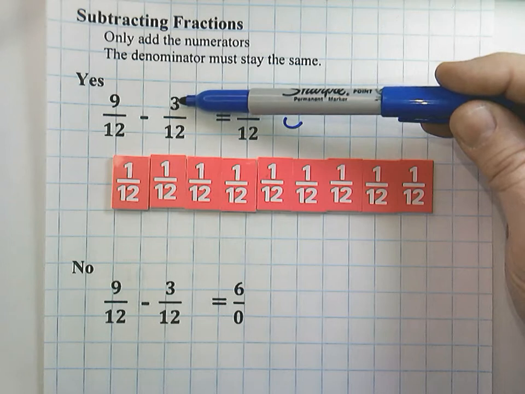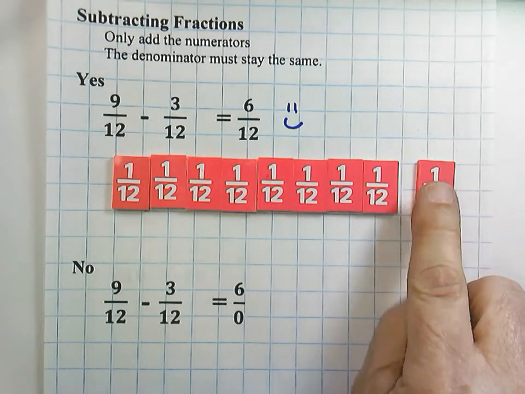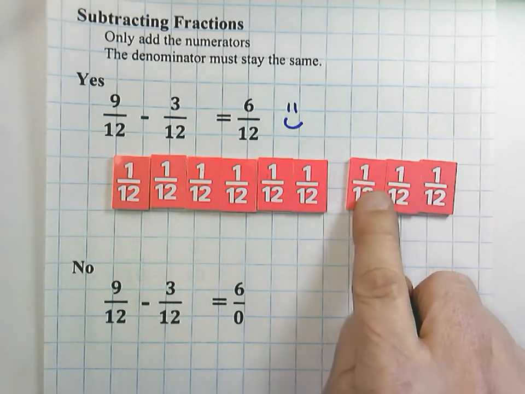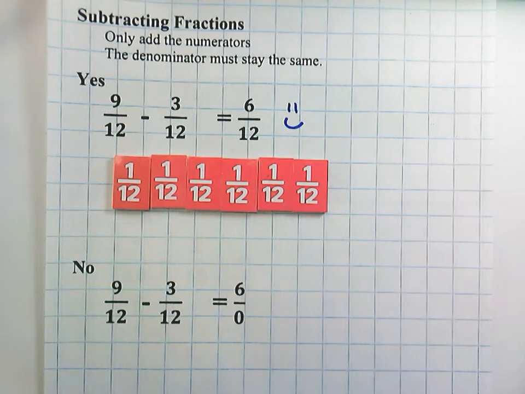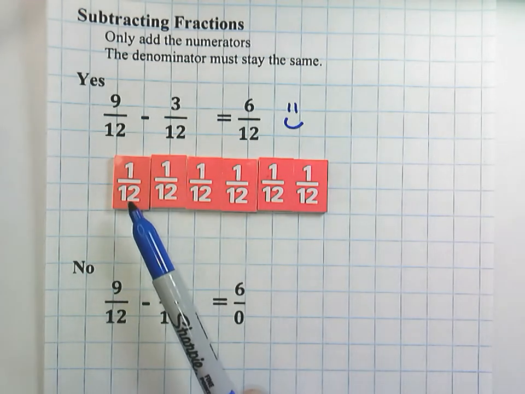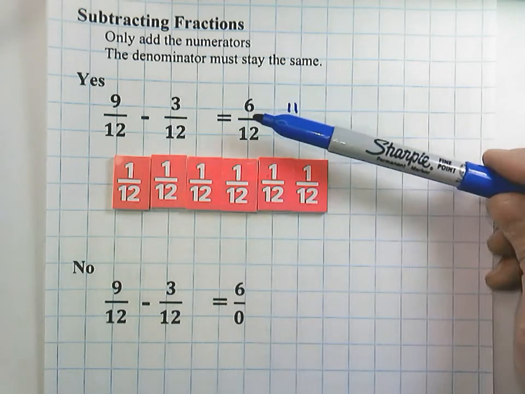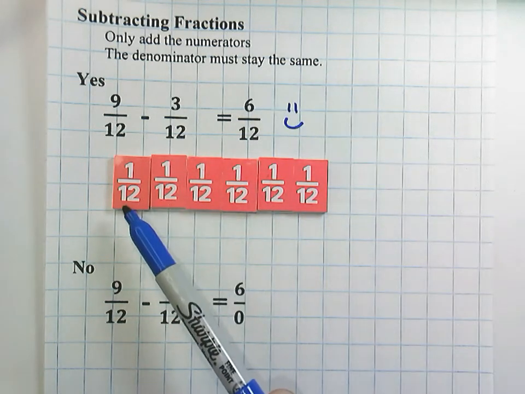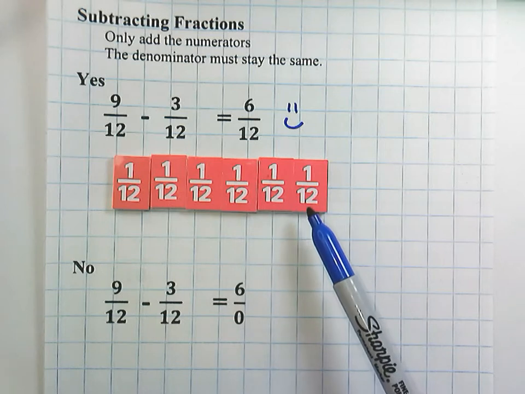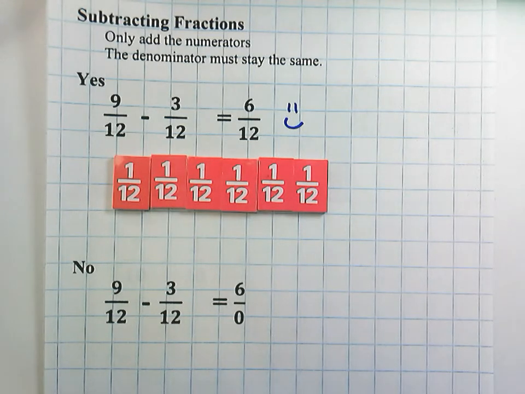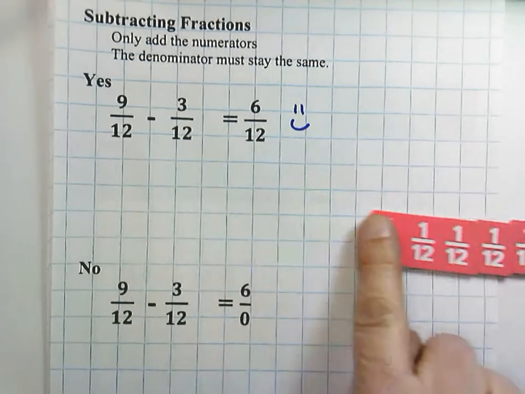And we take away 3 of them. So I'm going to take away 1, 2, 3. We'll get rid of those ones there. And notice that we are left with 1, 2, 3, 4, 5, 6. But 6 what? Notice these are all 12s on your denominator on the bottom. So that's what we mean, to model it that way.